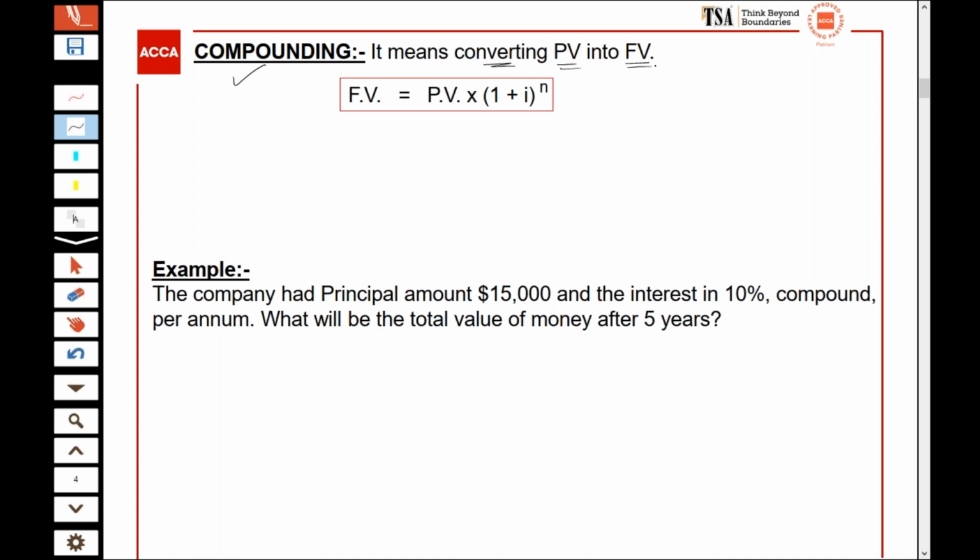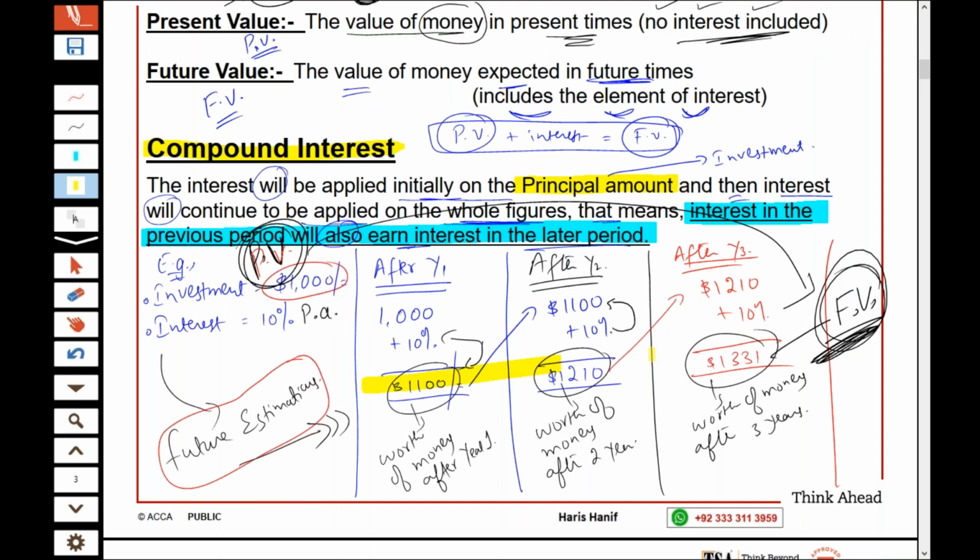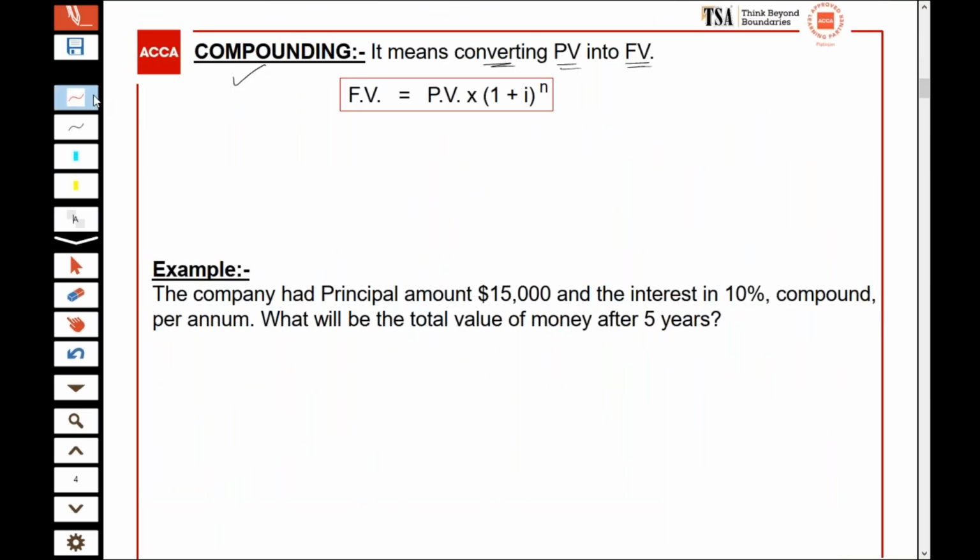Now, I will not be calculating that way. For example, if the question asks what will be the amount of your investment after 20 years, for a 2 marks MCQ will we repeat this 20 times? Not at all. We will apply this formula.